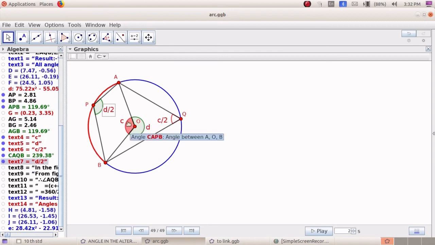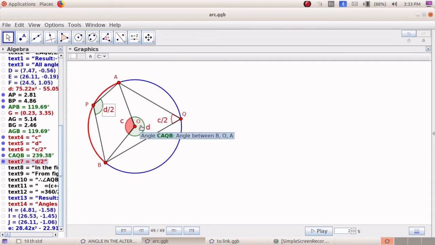Now see, the central angle of arc APB and the central angle of arc AQB, that is C and D, together determine the angle around a point. Therefore, their sum is 360 degree. We have already proved the sum of the central angles of an arc and its alternate arc is 360 degree. Therefore, these two are 360, so their halves determine 180.